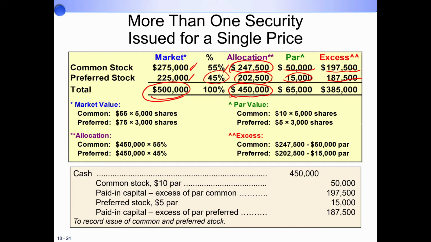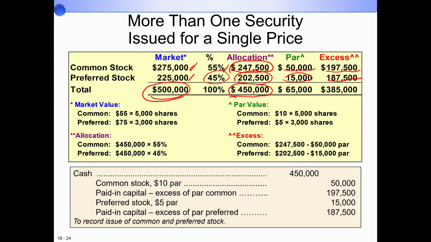Because you know the fair value for each security, and you issue at some kind of discount. So like this, the total value is 500, but you only receive 450. You give them a discount. So then how to allocate the total 450 over these two kinds of stock? So this is one approach.